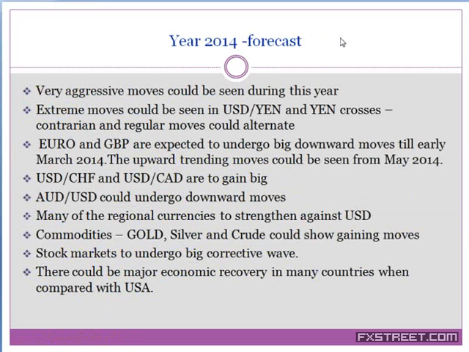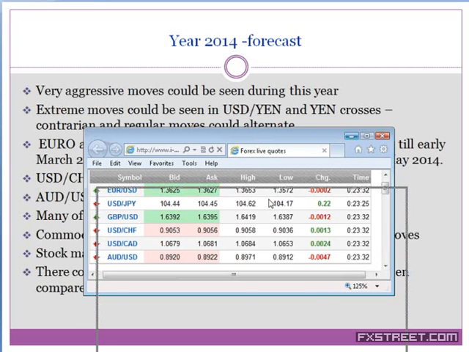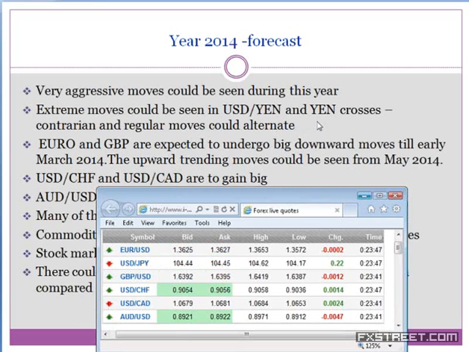With regard to the year 2014, I told you that USD yen is going to play a major role along with the yen crosses. Yesterday you would have noticed that USD yen, Euro yen and GBP yen made a drop of about 150 to 200 pips, and then subsequently regained most of the drops. And everybody thought that it could make an upward move, and people were thinking that the carry trade could continue, but they made a further drop.